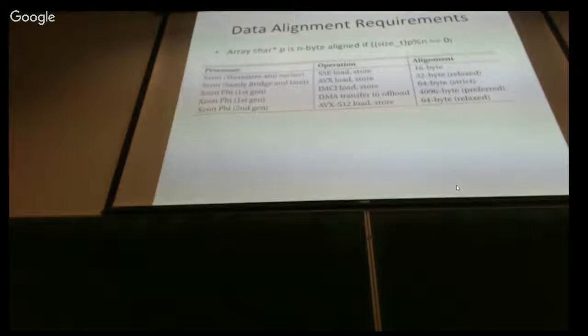That's important to know. Now, you won't suffer as much on KNL as you did on KNC if your data is not properly aligned. But you will still suffer a measurable performance impact if your data structure is not aligned.